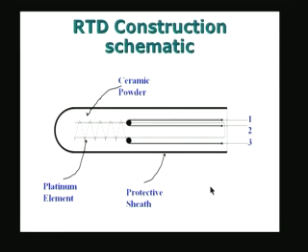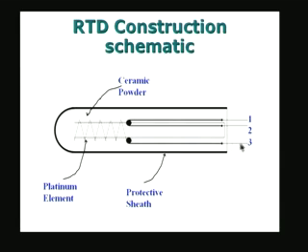The construction details of an RTD are shown in a schematic way in this particular case. We usually take a resistance element wound over some kind of mica or some material like that, and the platinum element is connected to the outside, because we need to take the leads out to make the measurement of resistance.